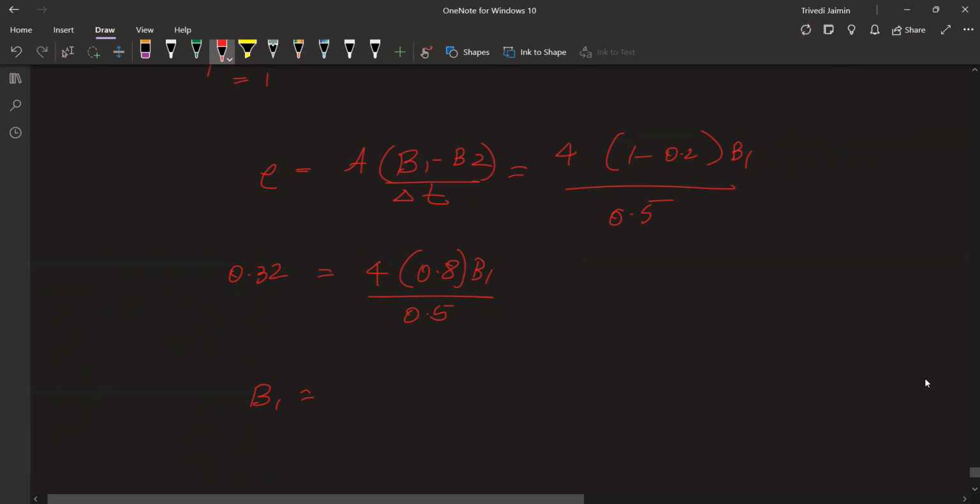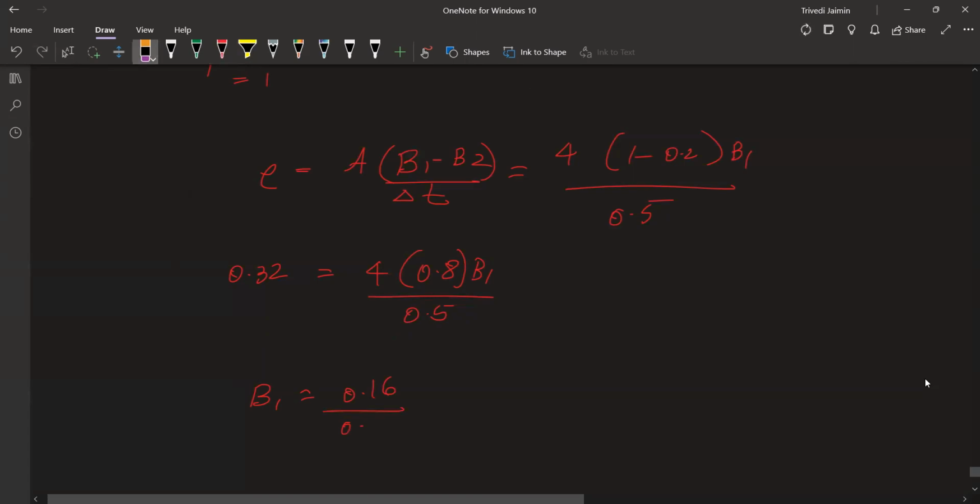Are we getting option B? Check. 32 into 5, 150, 160. 0.16, 432, 0.